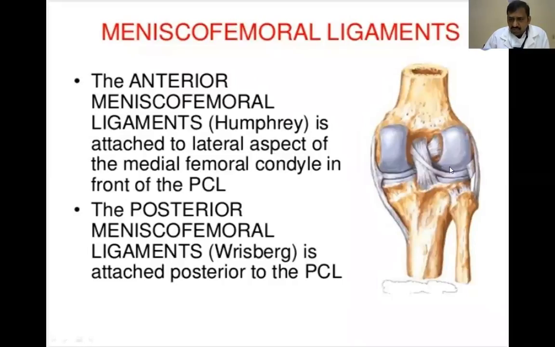The anterior meniscofemoral ligament, also called Humphry's ligament, is attached to the lateral aspect of the medial femoral condyle in front of the posterior cruciate ligament. The posterior meniscofemoral ligament, called Wrisberg's ligament, is attached to the posterior cruciate ligament.